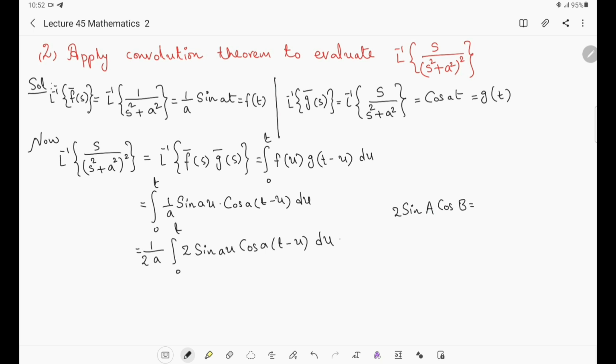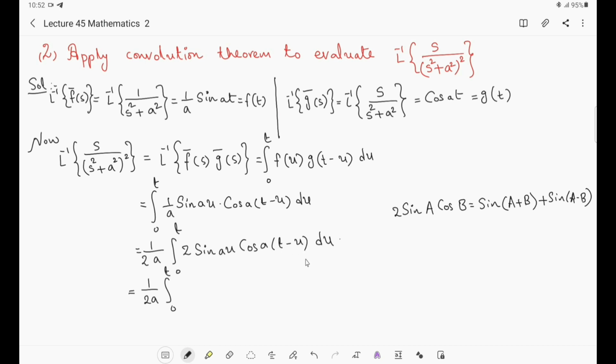Now I am going to apply the formula: 2 sin A cos B is nothing but sin of A plus B plus sin of A minus B. This is equal to 1 by 2a integral 0 to t. So what will I get here? Sin of A plus B: A is au, B is a into t minus u.